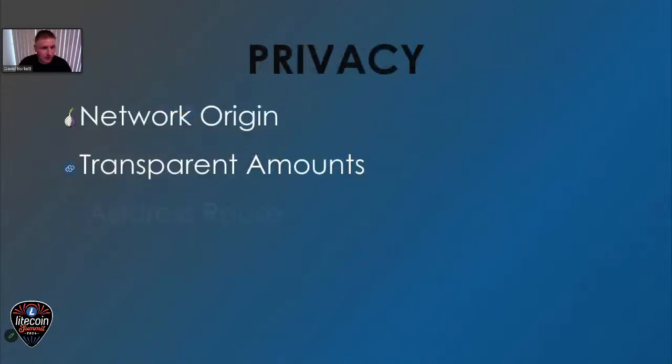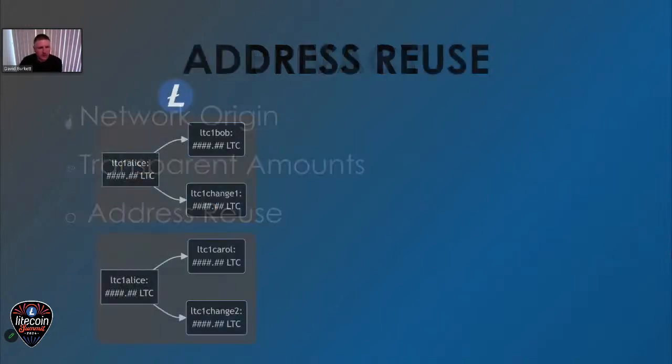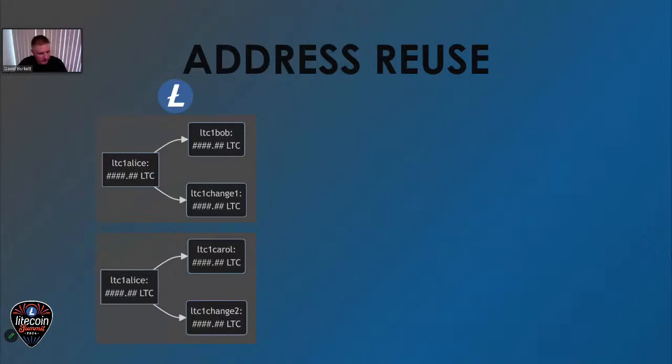So then a third one is address reuse. If Alice wants to receive Litecoin, she may post her address on Twitter or whatever and say, hey, send me some Litecoin here. And a couple of people may send her some. She may then spend those Litecoins to Bob, send the change back to herself.